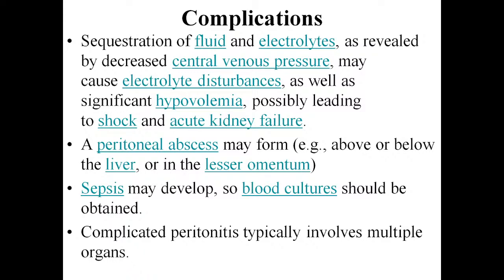It may form above or below the liver or the lesser omentum. It's localized. Next complication is sepsis. Sepsis may develop, so a blood culture should be obtained. And the next complication, complicated peritonitis, typically involves multiple organs.